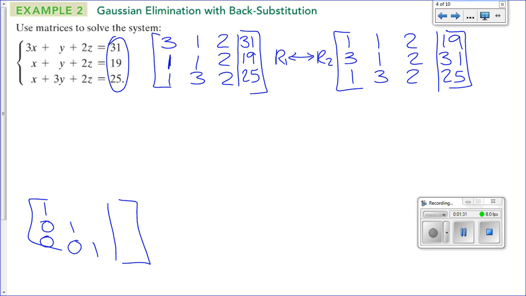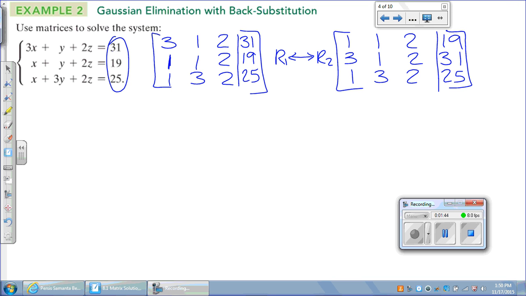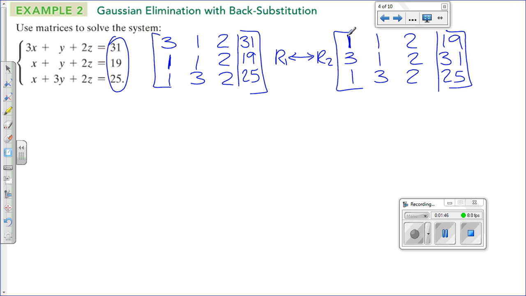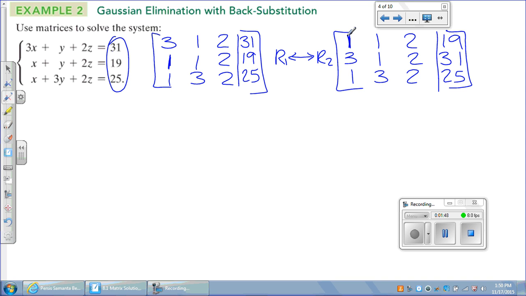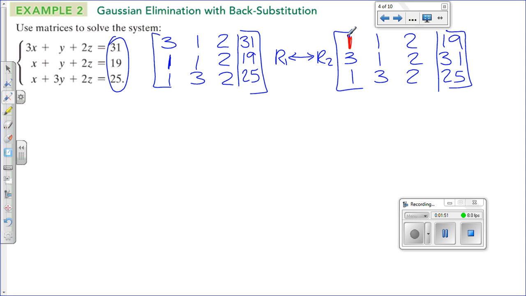So we didn't do anything to the third row. Now we do have that leading row. Now that we have a 1 here, we're going to say that R1 is our leading row.